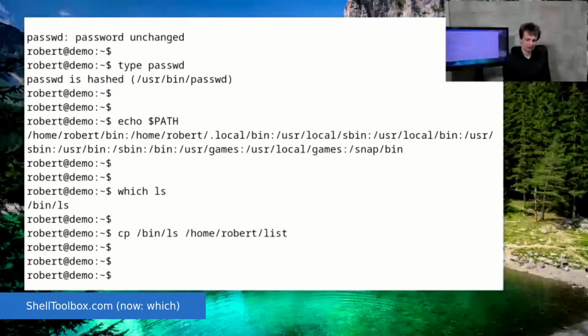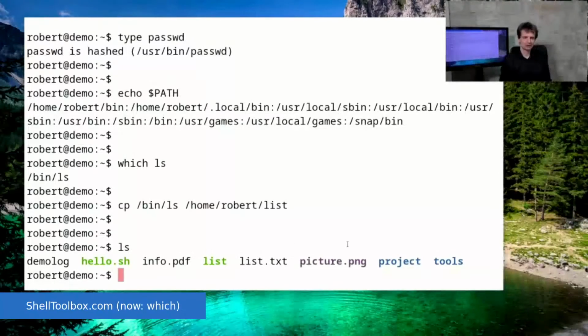Okay, so now let's have a look. ls: within the current directory, there is an executable file called list, and an executable file called hello.sh. I see that these two files are executable just because the ls command colors them green.